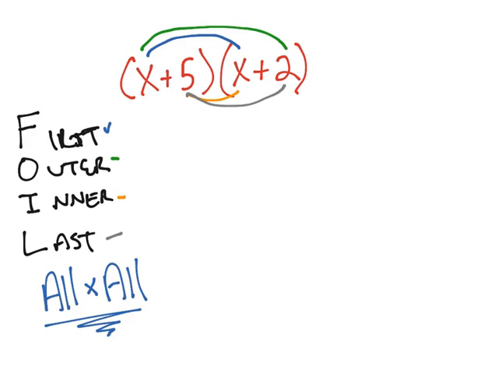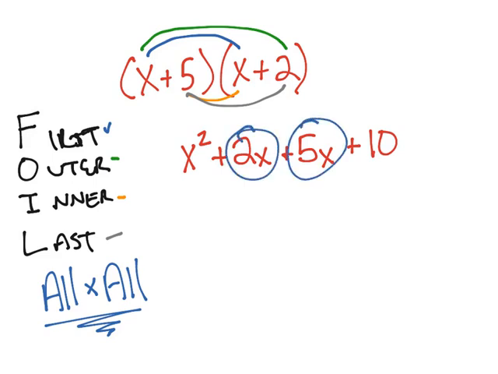When we work this out, we get that x times x gives us x squared, x times 2 gives us 2x, 5 times x gives us 5x, and 5 times 2 gives us 10. If we continue to combine our like terms of positive 2x and positive 5x, we get a final answer of x squared plus 7x plus 10.